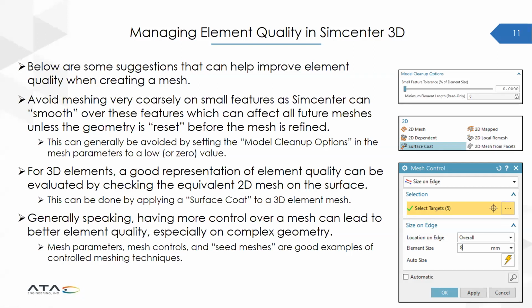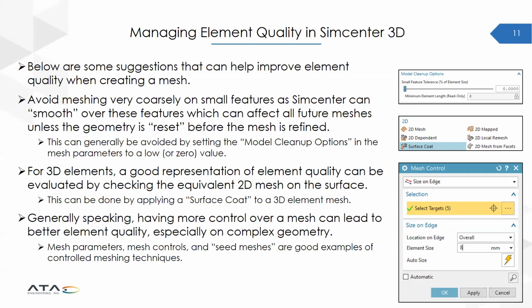Then for 3-dimensional elements, a good representation of element quality can be evaluated by checking the equivalent 2D mesh on a surface. This can be done by applying a surface coat to a 3D element mesh. The reason that this should be done is because Simcenter generally has difficulty properly evaluating 3D element quality and the Jacobian factor, but it does better with 2D elements.